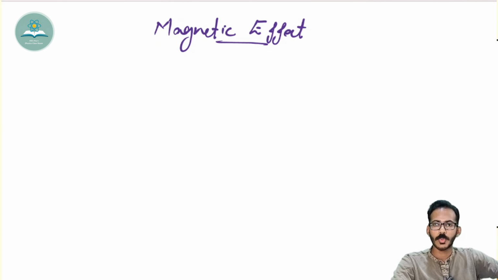The next topic is about magnetic effect of electric current. Whenever current passes through any electrical device, it will create a magnetic field around it. If you take a magnetic compass and keep it near to a current carrying conductor, the magnetic compass shows deflection, which proves that whenever current passes, it creates a magnetic field, or the conductor behaves like a magnet.